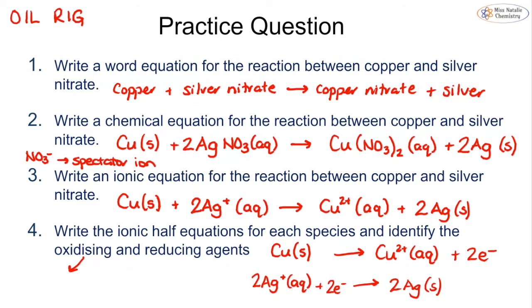So in this case, the silver is causing the copper to lose electrons. So our oxidizing agent is the silver, and so it would be the silver nitrate. And the reducing agent is going to be our copper metal, because the copper is causing the silver ions to be reduced.